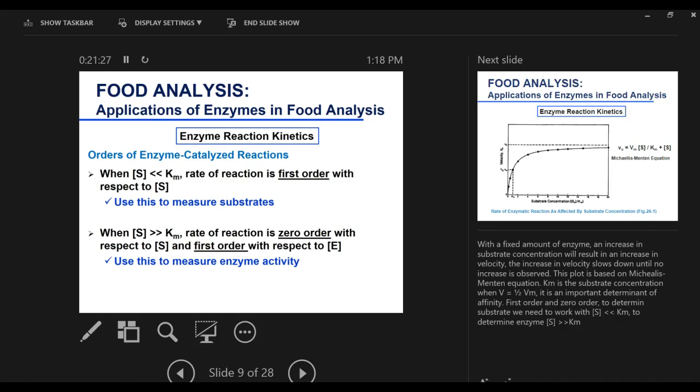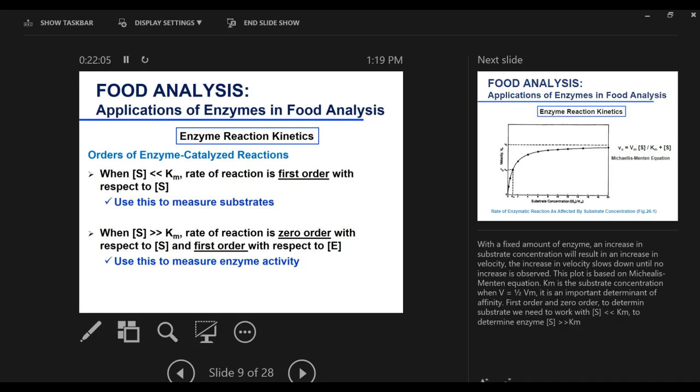Okay? So in this case, I want to prepare my assay where my substrate concentration is much less than the Km value. So this demonstrates that you really need to know the Km and Vmax of your enzyme towards that particular substrate. If you don't know this information, you cannot construct your enzyme assay. Okay? So it's very important that we know the Km of our system, substrate and enzyme.